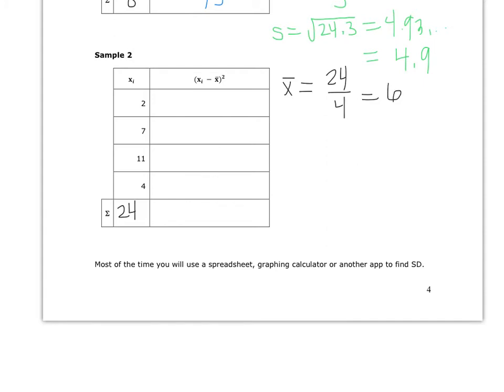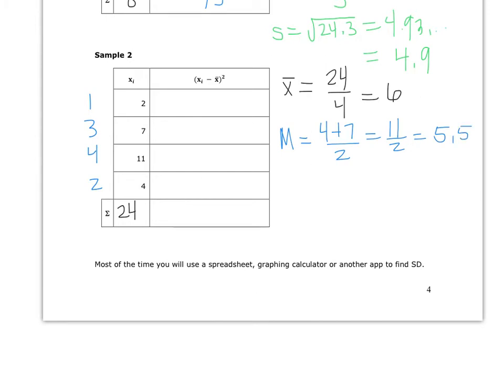And if we want the median, just order these values 1, 2, 3, 4. So the median is going to be the average of the 4 and the 7. So 11 over 2, so 5.5.